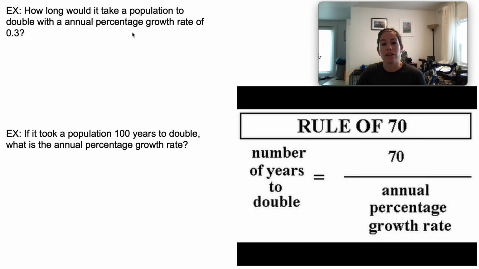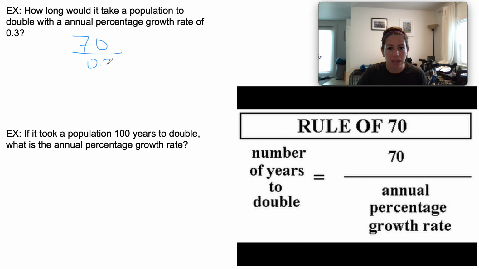So if you have an annual percentage growth rate of 0.3, and the annual percentage growth rate is the births plus immigrants minus deaths plus emigrants over total population size. That's the annual percentage growth rate. So 70 over 0.3 would be the number of years to double. So the number of years to double is 70 over 0.3.